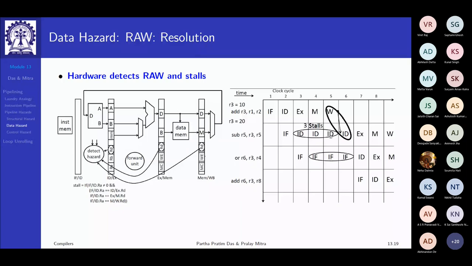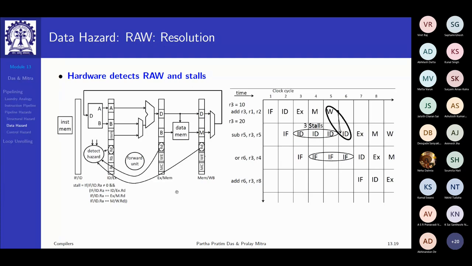You insert that bubble, and you have stalled the pipeline for the sub, and it cannot proceed. And once you have done that, you do that for the next instruction as well, for the same reason, since it uses R3 as well. So this will stall after the instruction fetch as well. So you will have stalls like this.